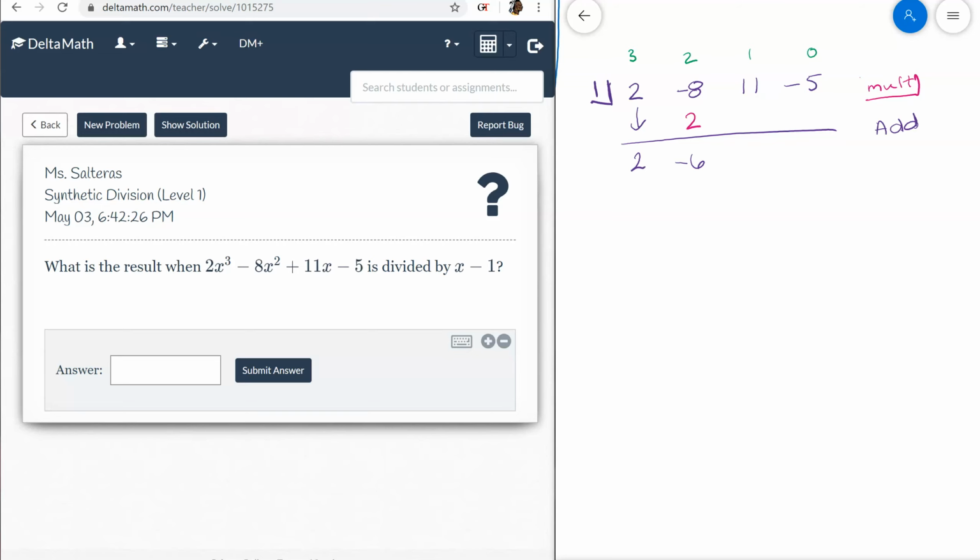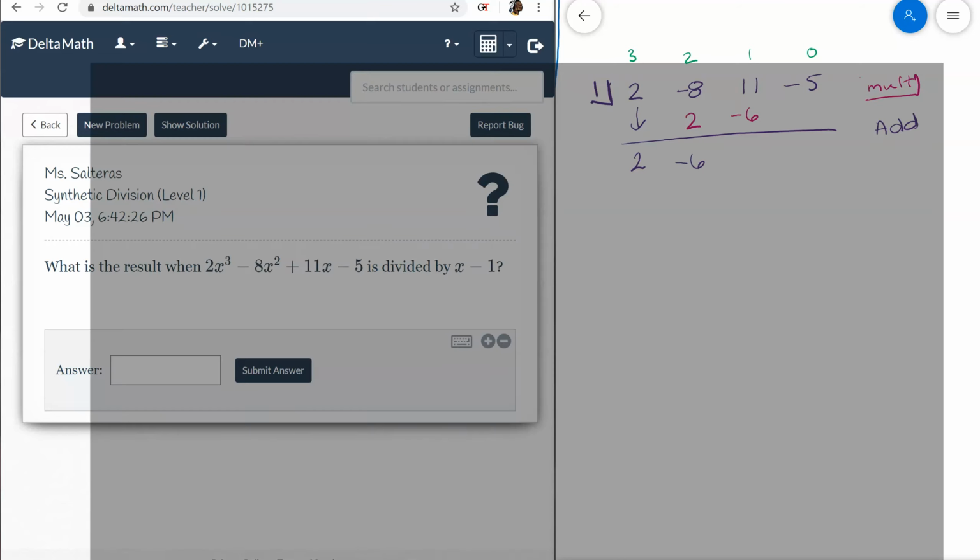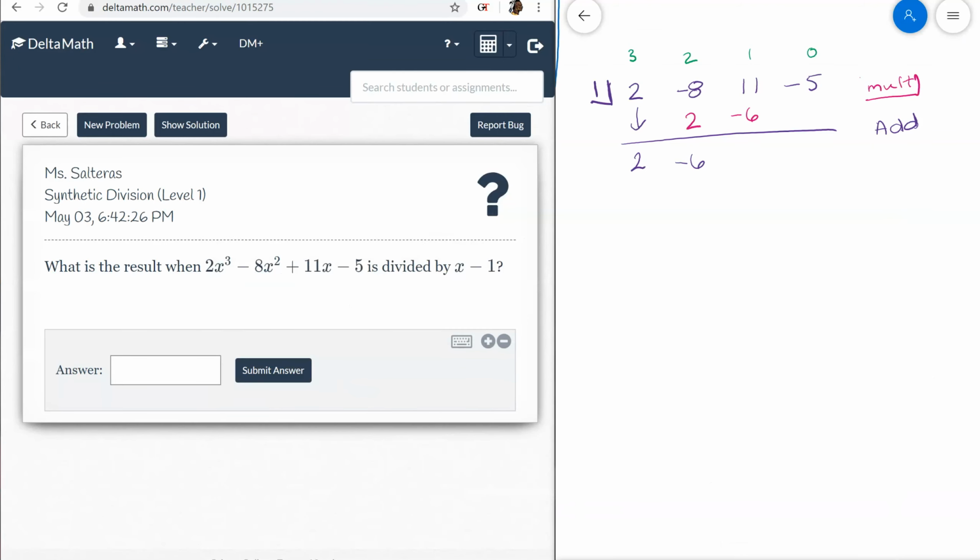Negative 6 times 1 is negative 6, and then add straight down. 11 minus 6 is going to be a 5. 5 times 1 is a positive 5, and this is nice. This last number again is your remainder, so you don't have a remainder. That means that x minus 1 is a factor because there is no remainder.